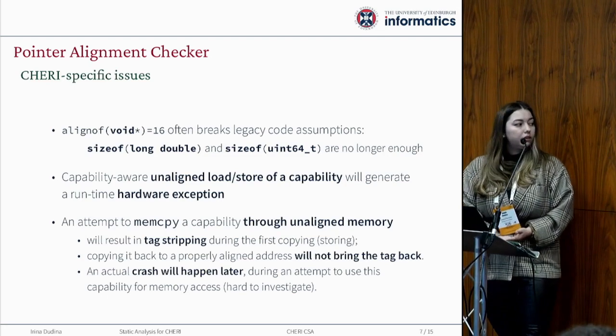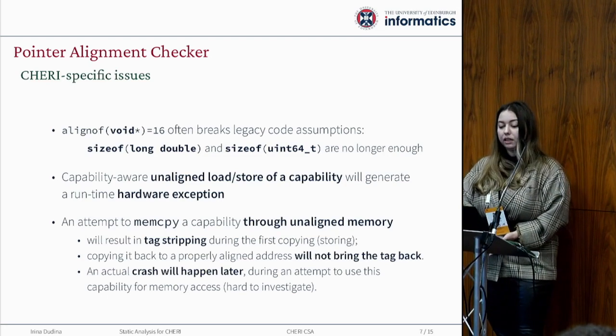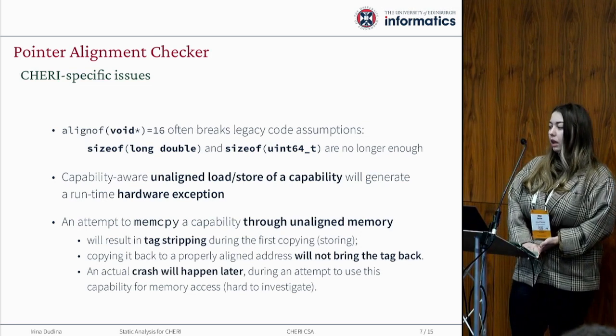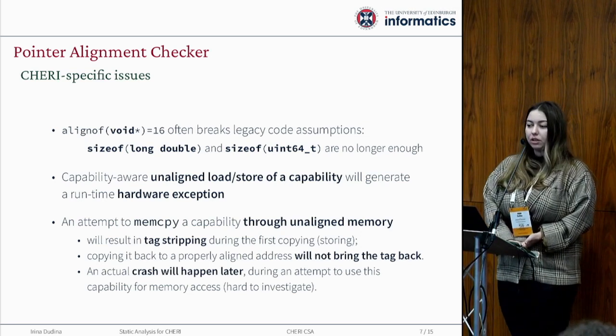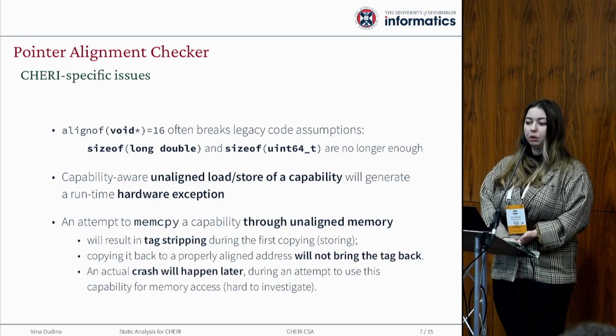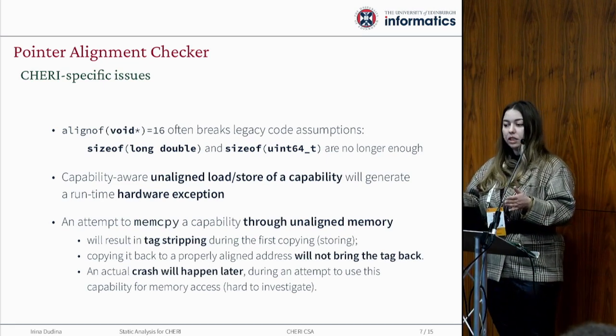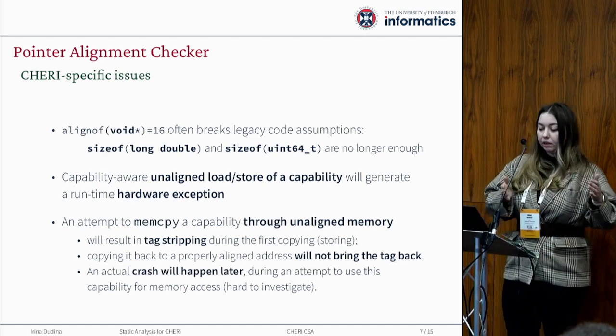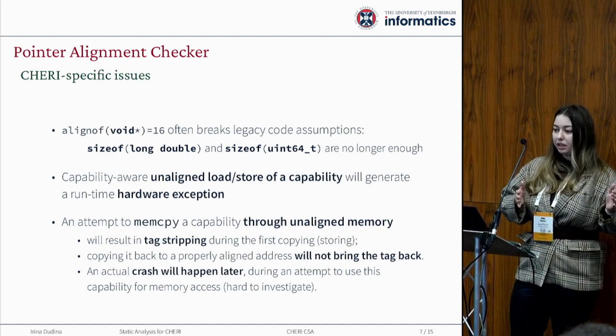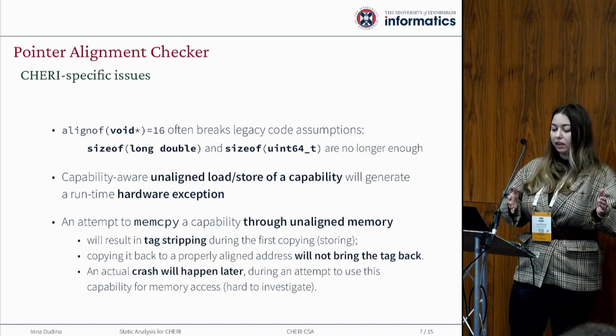And another thing that is, I think, quite unique to CHERI is that you're not allowed to store capabilities at an unaligned address, even temporarily. So you cannot copy it to an unaligned address, because then it will lose the tag at this point. And if you then copy it back to some aligned address, you will not get the tag back.